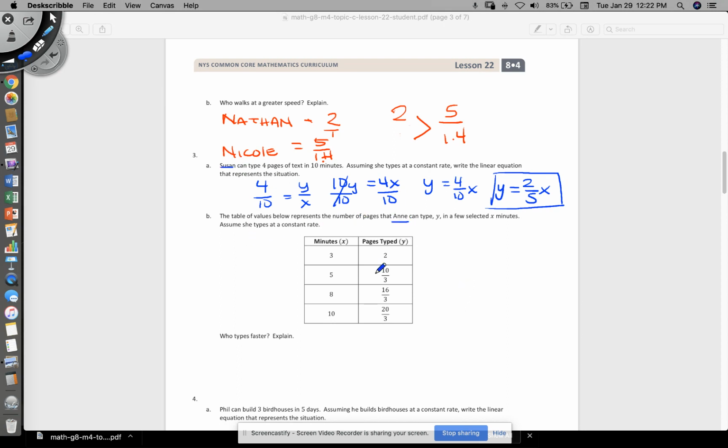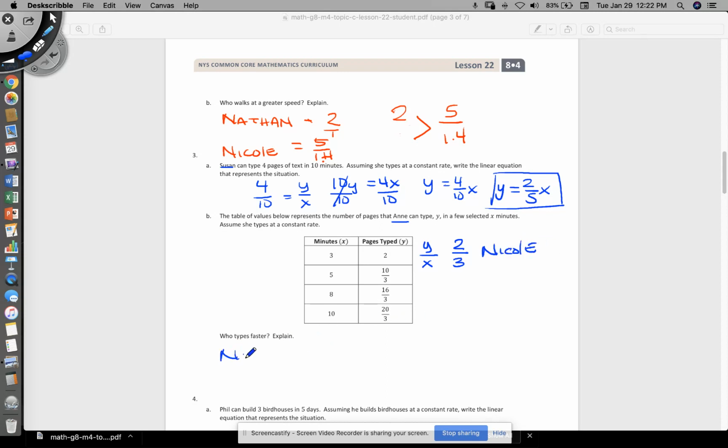Now we have Anne. Anne, her form is a table here. We're going to look at her table. I'm just going to pick the easiest one. Since you know it's going to be y over x to find the constant, I'm not going to pick these ones that have fractional pieces. Just go ahead and pick the first one. So her y is 2 and her x is 3. So this is Anne's rate. So who's faster?